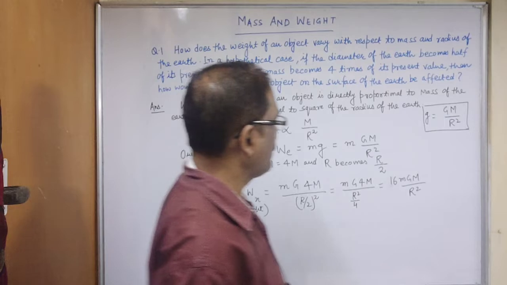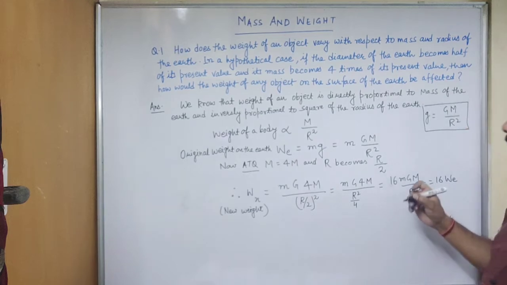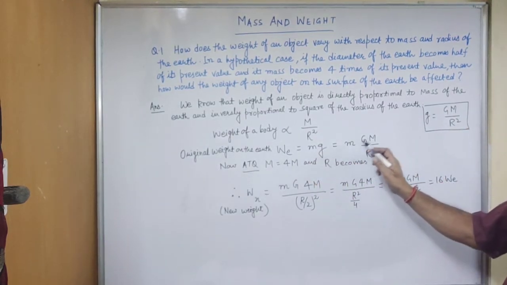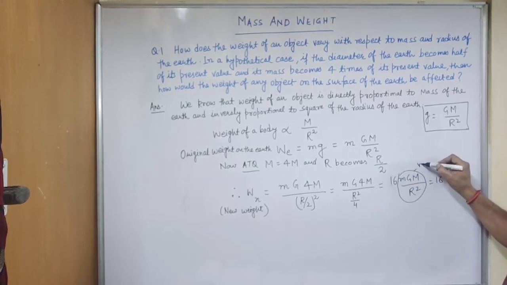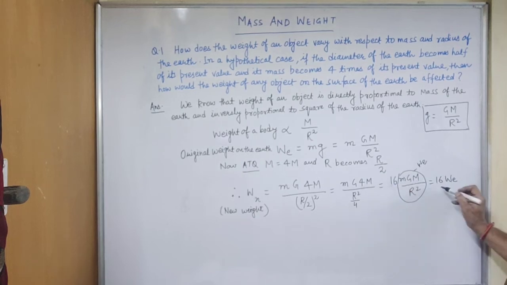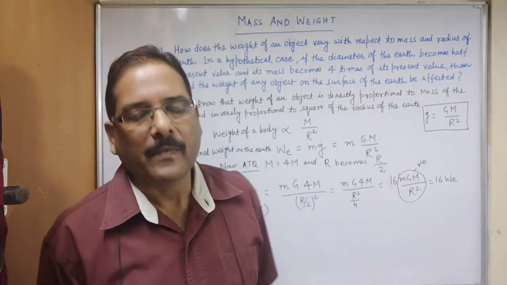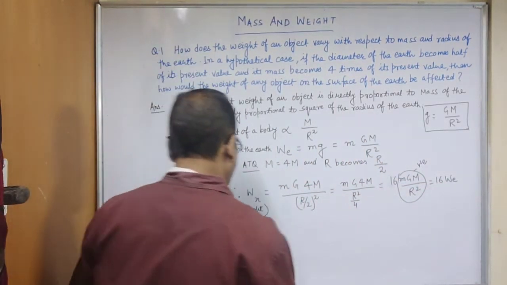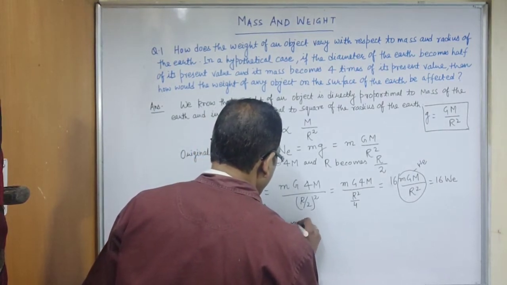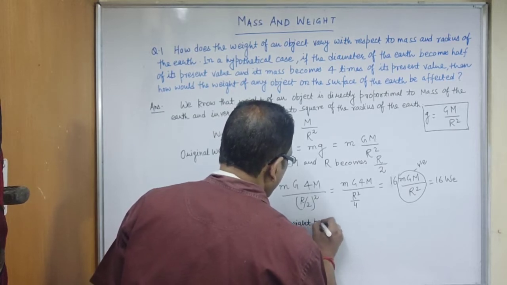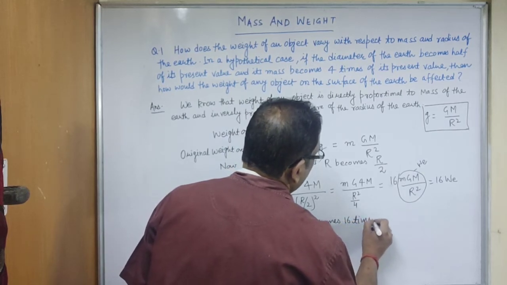So this new weight will be 16 times the original weight, because this WE is equal to mGM by R square. So this quantity is equal to weight on earth, so we are writing 16 into WE. So you can write the weight becomes 16 times.